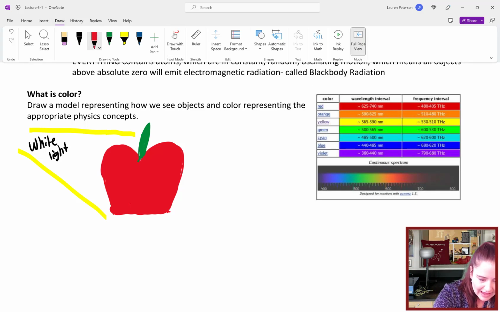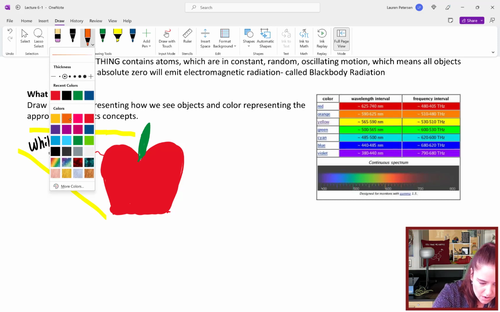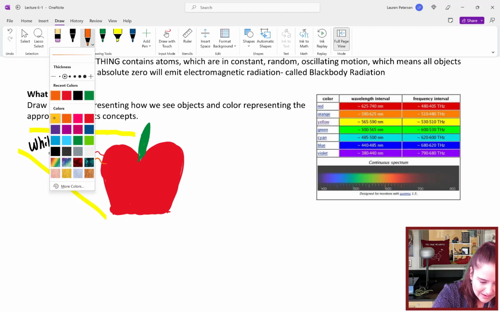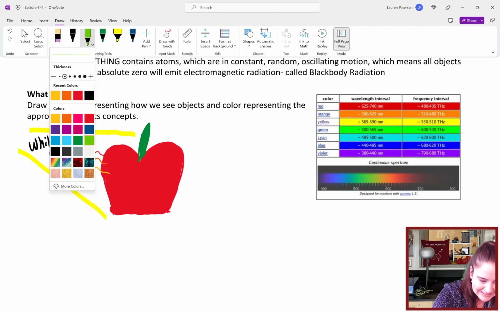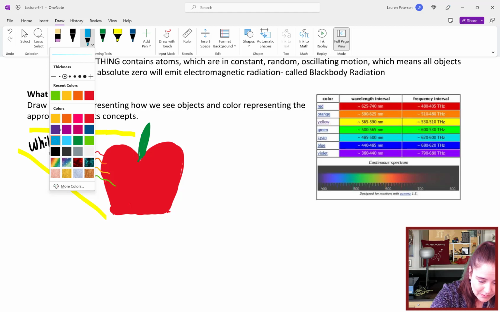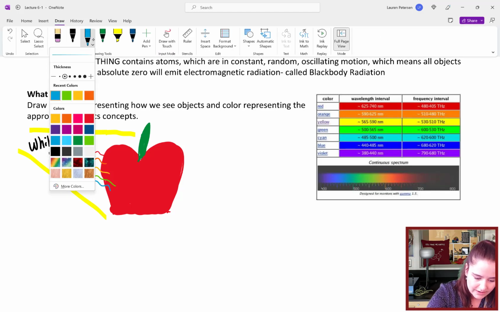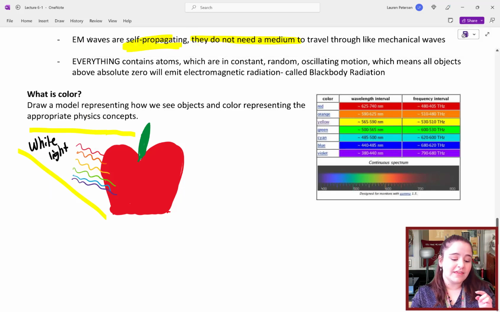So that means we have some red wavelengths hitting it and some orange wavelengths and some yellow wavelengths and some green wavelengths and some blue. We'll do the full rainbow. We already committed. And some purple.